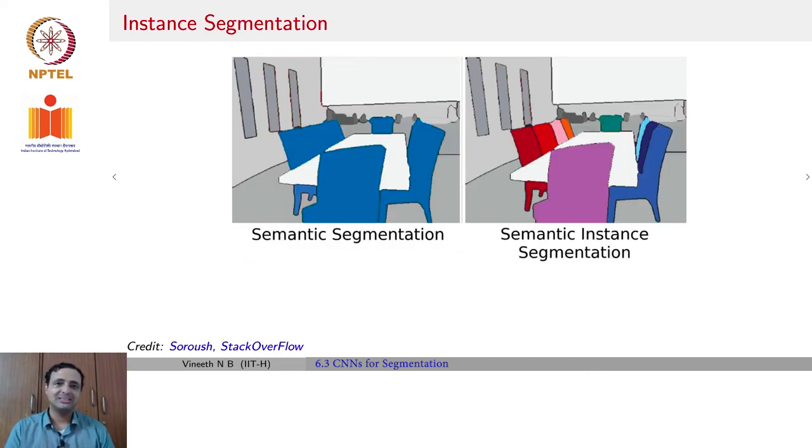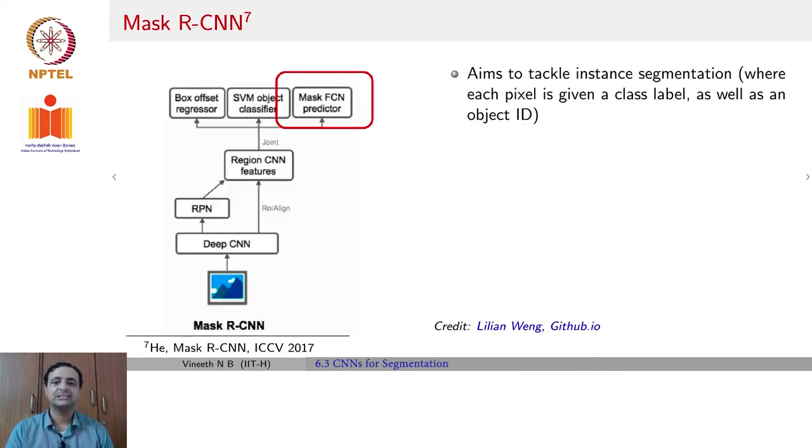Moving on from semantic segmentation, instance segmentation is a slightly more challenging task. In instance segmentation, our goal is to not only give a class label for every pixel, but to also assign an object ID for each of the objects.